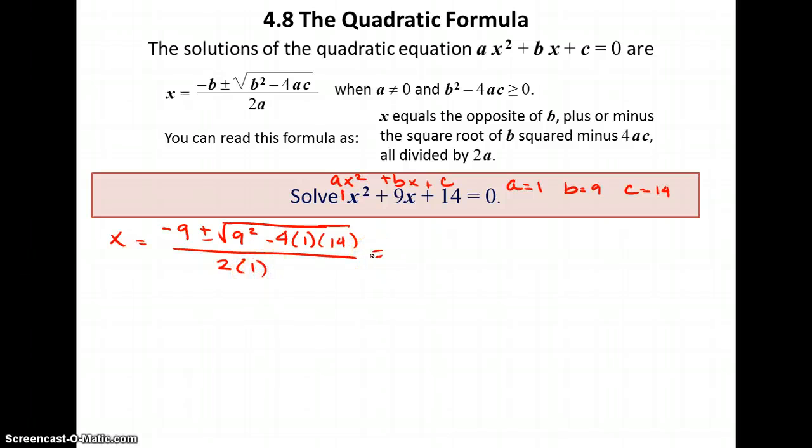All right, so some of you that are calculator pros, you might use it to simplify what's inside the square root. 9 squared is 81, minus 4 times 14, which is 56, all over 2. This gives me negative 9 plus or minus the square root of 81 minus 56 is 25.